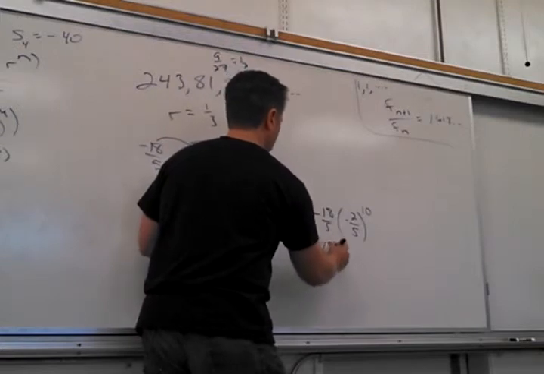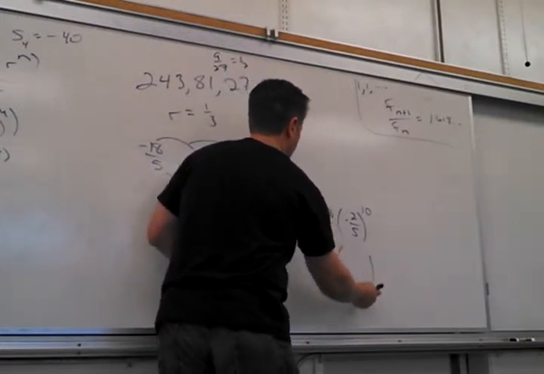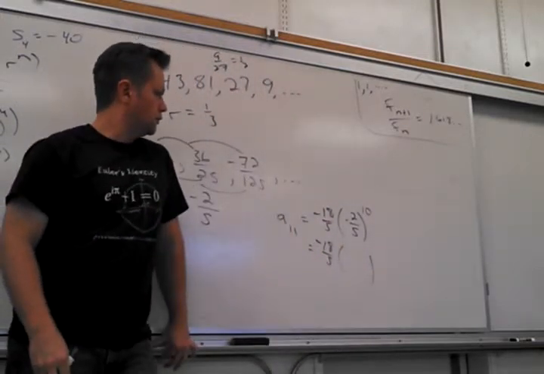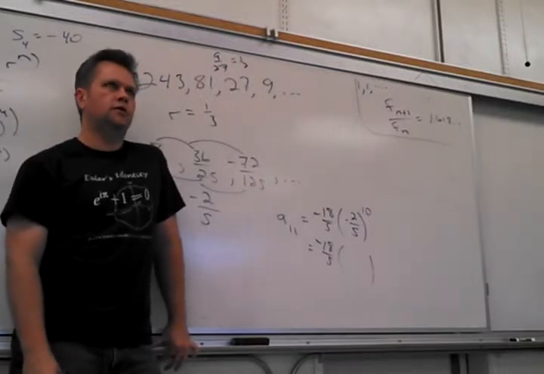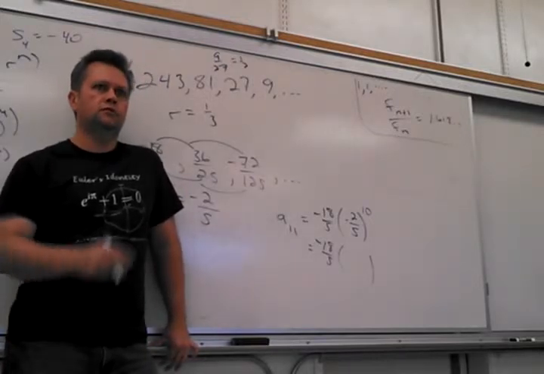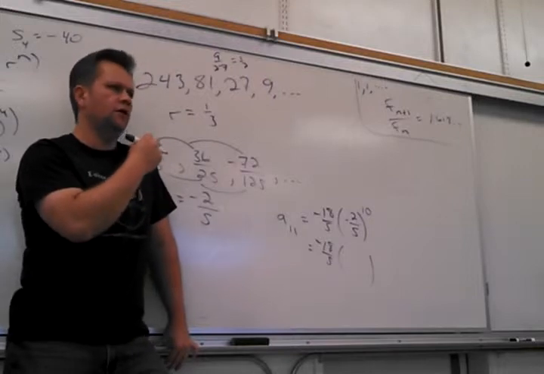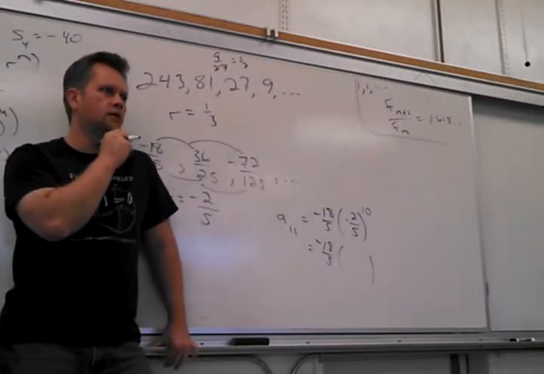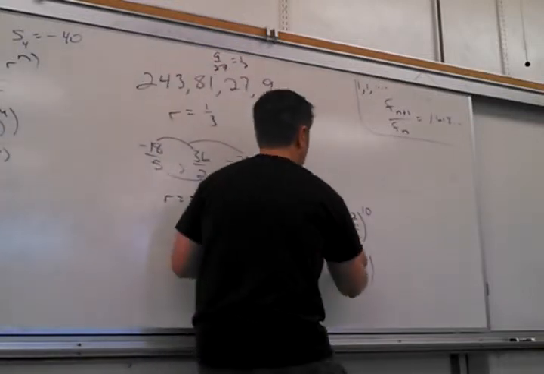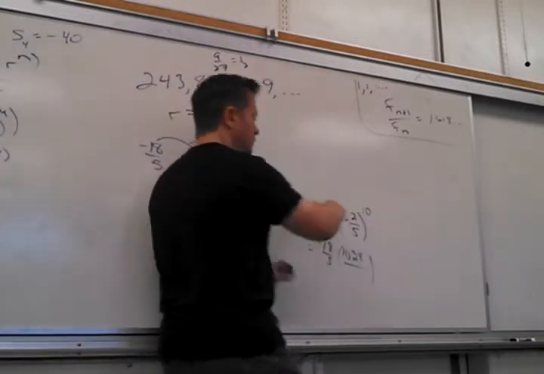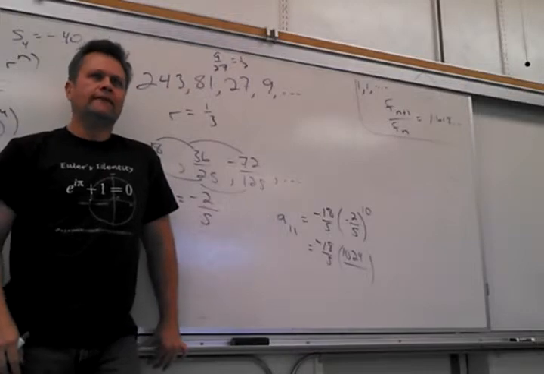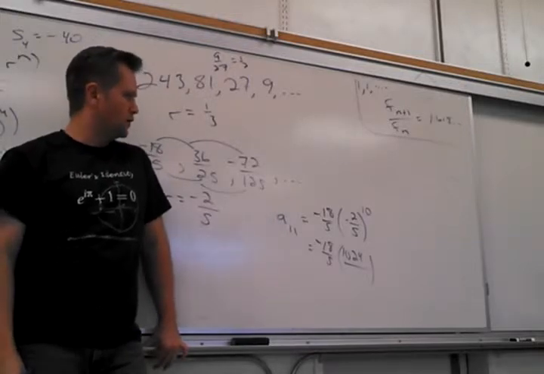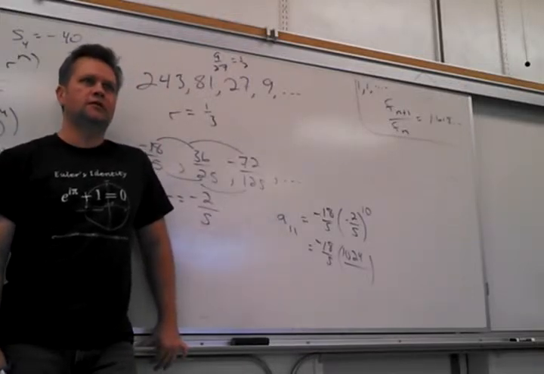So it's negative 18 over 5 times, let's see, what is it going to be? 2 to the 10th is 1024. And 5 to the 10th, have fun with that. What's 5 to the 10th? I don't know.